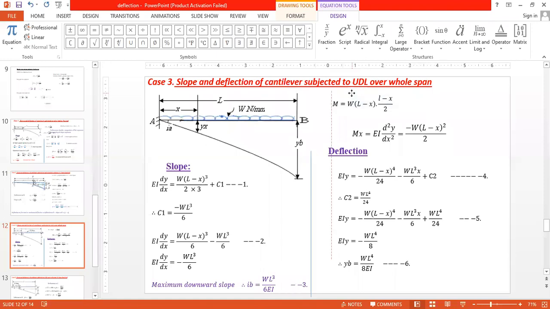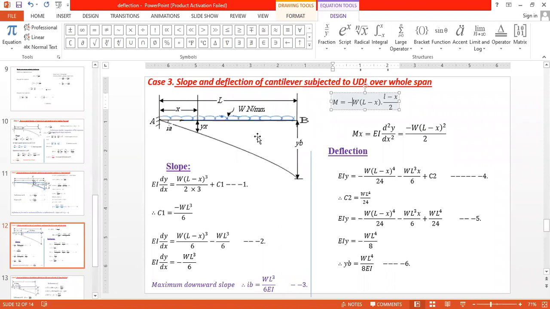If you simplify this, it becomes W into L minus x, into L minus x divided by 2, that is W into L minus x square by 2. Again here it is a negative sign because it bends the beam in the downward direction. That is M is equal to minus W L minus x square by 2. This is the bending moment at x.